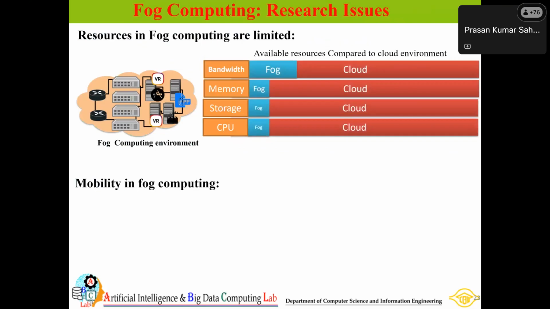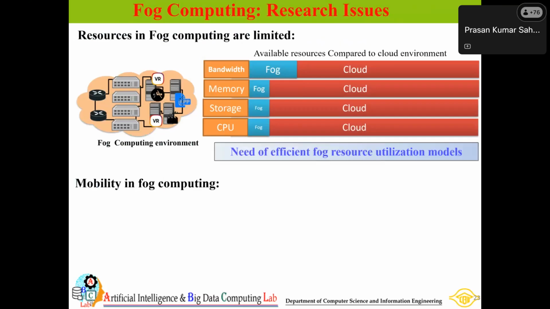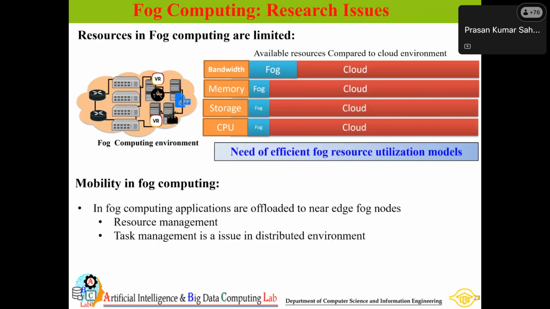As you can see, the bandwidth, memory, storage, CPU, the processing capacity of the fog computing nodes is normally very less as compared to the core computing nodes such as cloud computing. So it needs efficient fog resource utilization models.